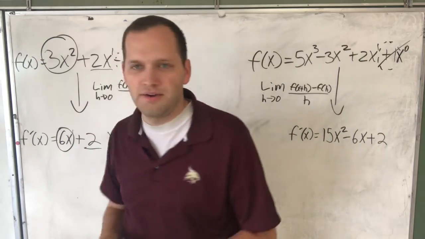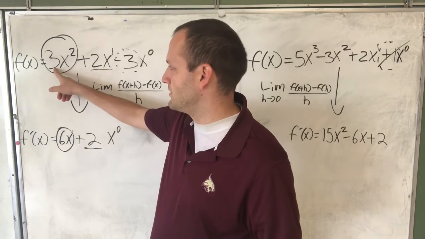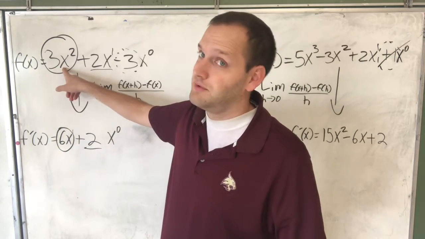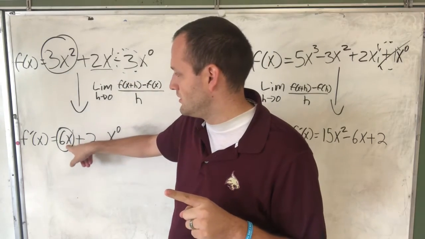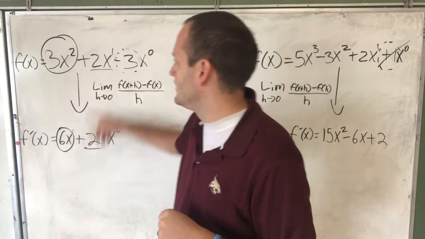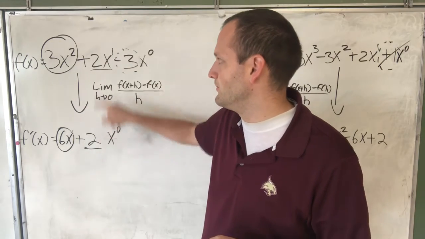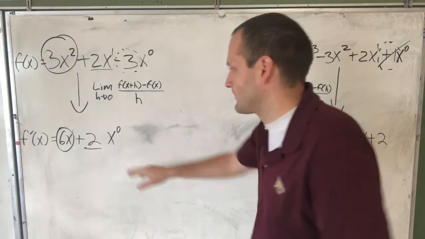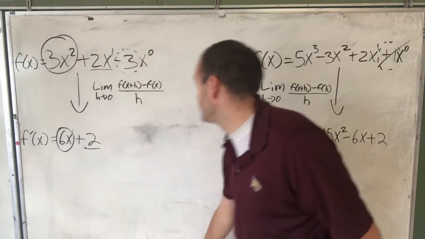There's a little pattern happening here. It looks like we take the exponent, multiply it by the 3, and it gave us 6. There's 1 less x, so 1 less than 2 gives us just 1. So 6x. Here we get 1 less x, so 1 times 2 is 2. You have an x that is now gone, leaving you with this.